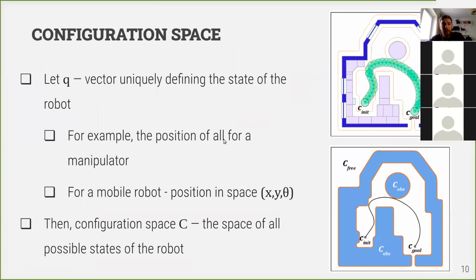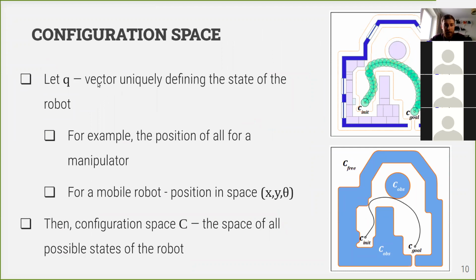So now we have to discuss an important term which is always used in path planning. It is called configuration space. What is it? Let's have a vector Q. It is a vector uniquely defining the state of the robot, or we can call it a vector of configuration or configuration vector.